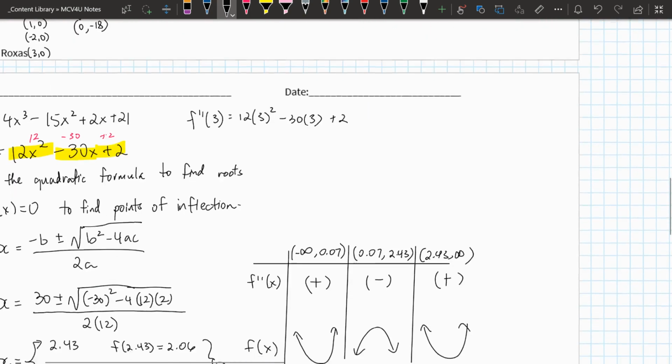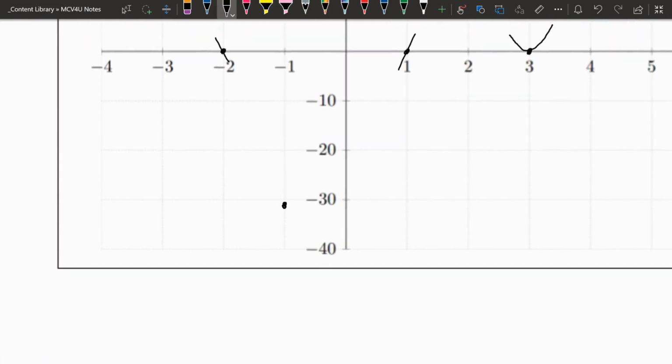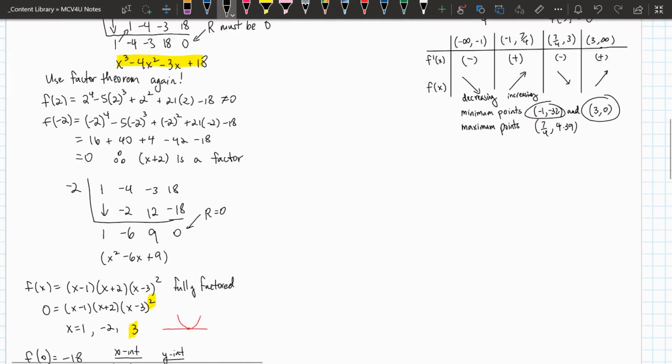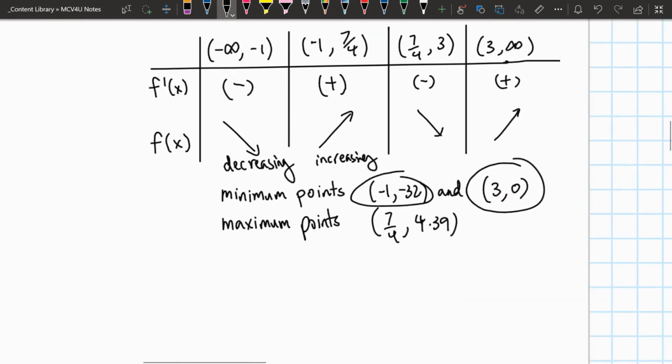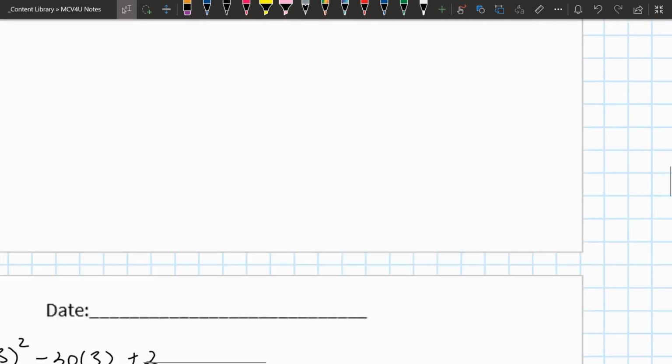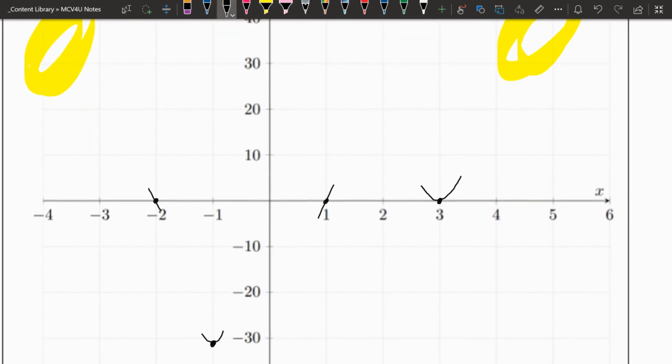Let's plot that, negative 1 and negative 32. That's a minimum. So our graph might look like that. And the local maximum we said was 7 over 4 and 4.39. So it's a number between 1 and 2, but closer to 2. We're going to say the y value 4.39, maybe somewhere around here.